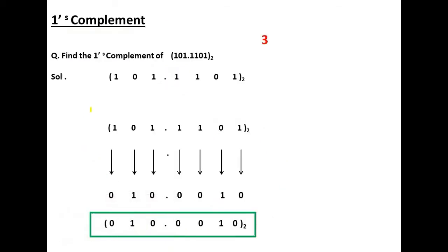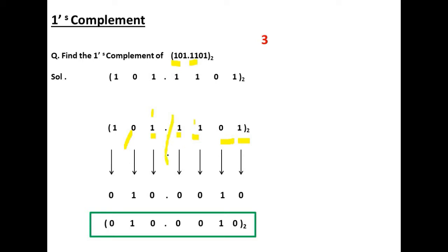Let us solve another question of ones complement. We have to find the ones complement of 101.1101. Here we have converted 1 into 0, this 0 into 1, and this 1 into 0.